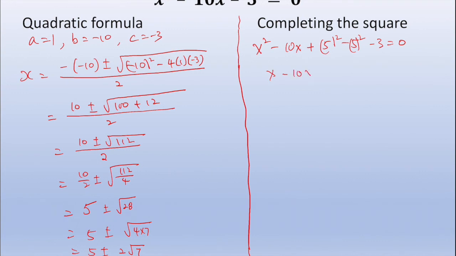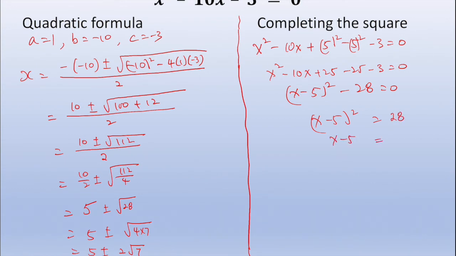Therefore, x squared minus 10x plus 25 minus 25 minus 3 equals 0. x minus 5 squared minus 28 equals 0. x minus 5 squared equals 28. Taking square root, x minus 5 is plus or minus square root of 28. So x equals 5 plus or minus square root of 28, which is the same as 5 plus or minus 2 square root of 7.